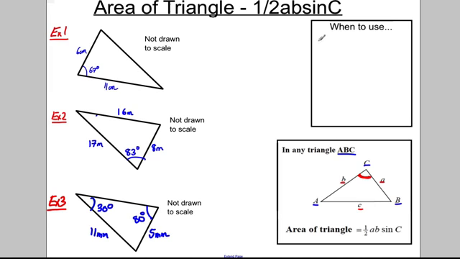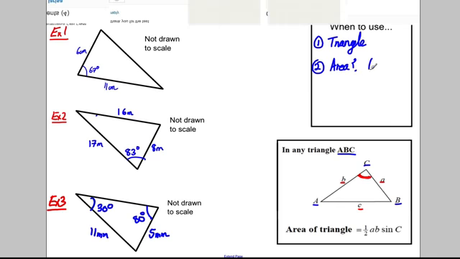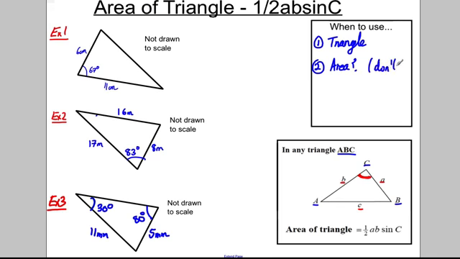And these are when you use it. You use it when you're dealing with a triangle, and you are asked for the area of the triangle, but you don't know the perpendicular height.